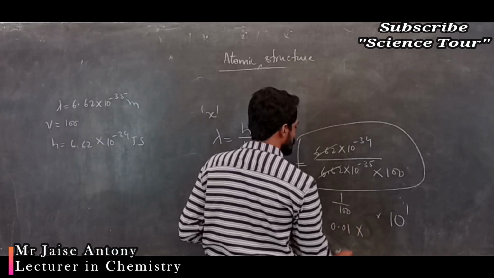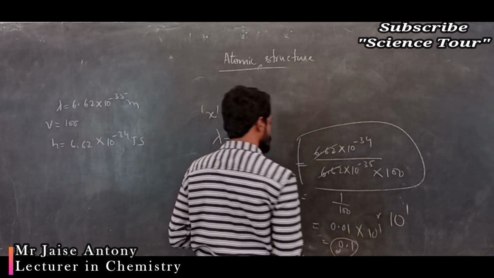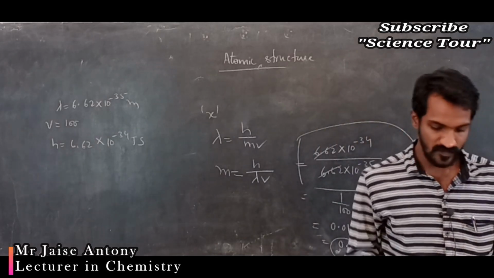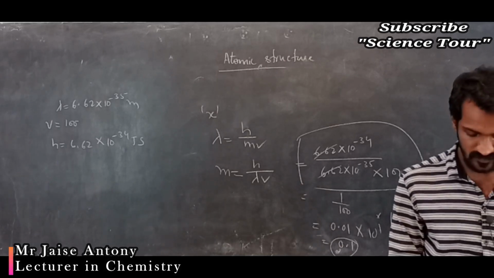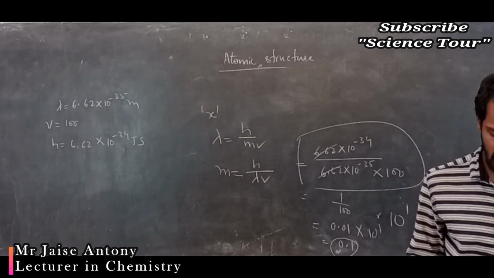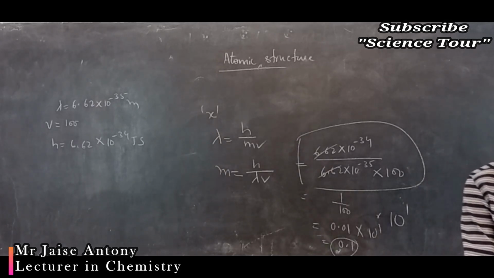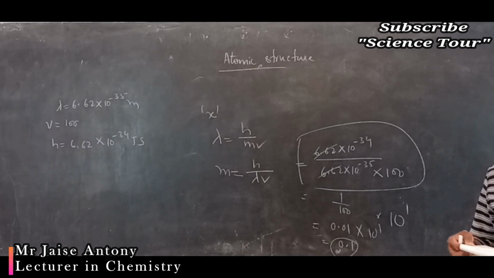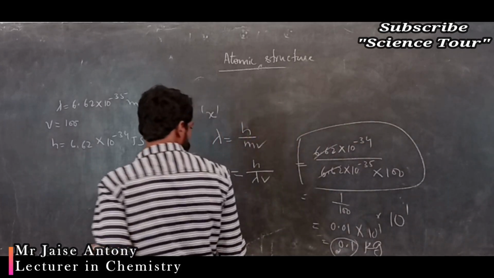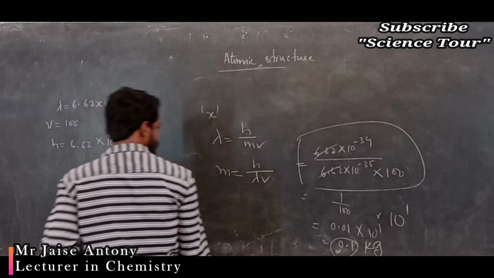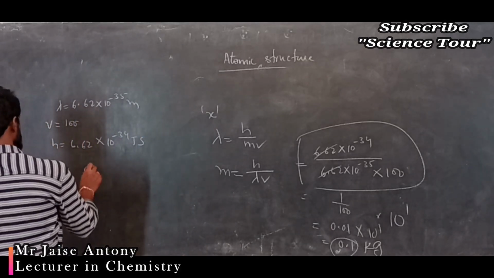Correct? 0.1. So in the answer 0.1 is there, 0.1 kg at option A. So I will move the decimal to this side, this becomes 10 to the power, and it becomes 0.1 kg. 0.1 kg means, my dear students, answer A is 0.1 kg.